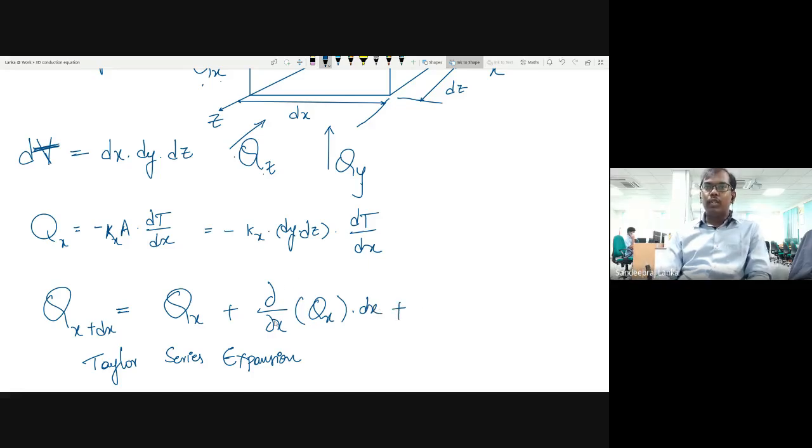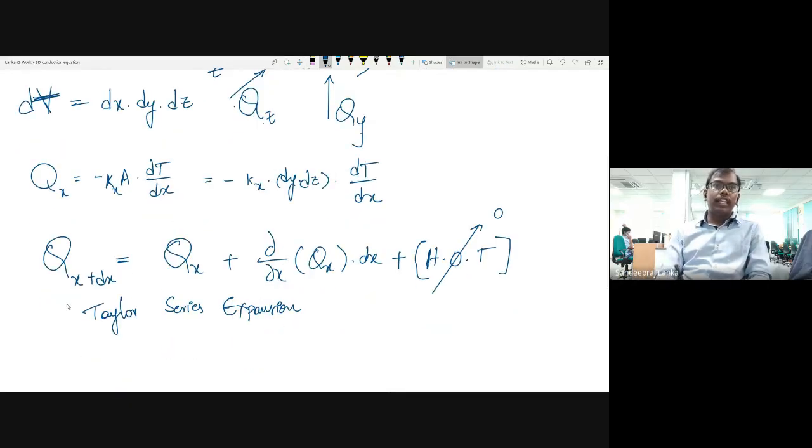You will get dou square by dou x square of Q into dx whole square, and so on. So many terms you will get. Those we will call higher order terms. And these higher order terms are so small, so the effect of them will be neglected. So you need not consider them here. So till here you will take.